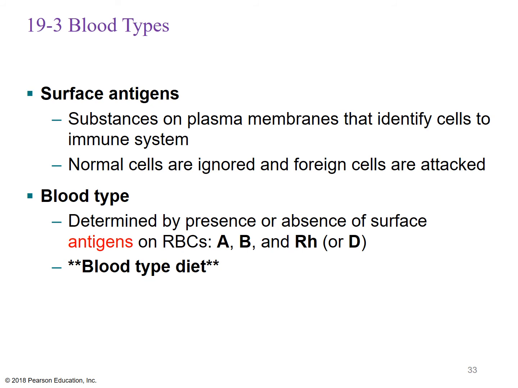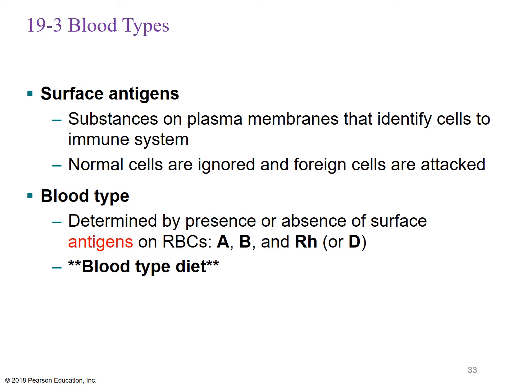When it comes to blood typing, what we're going to be looking at are these antigens that are actually going to help identify what type of red blood cell you have. So surface antigens are the substances on the actual membrane that will identify the cells to the immune system.